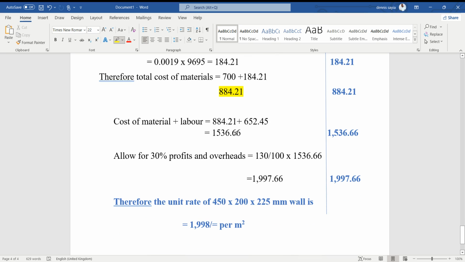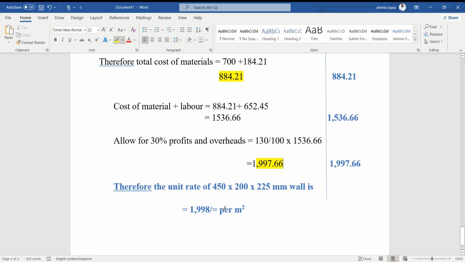So if we add the two, they are going to give us 1,536.66. And then we allow for 30% profit and overhead. That is 130% of the 1536.66. It gives us 1,997.66. Now this is the new rate of the 200 millimeters thick wall per square meter.